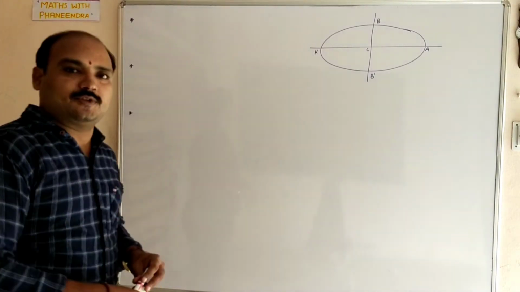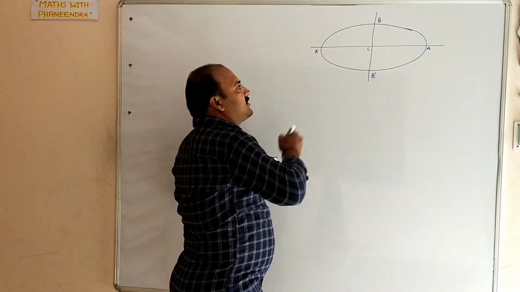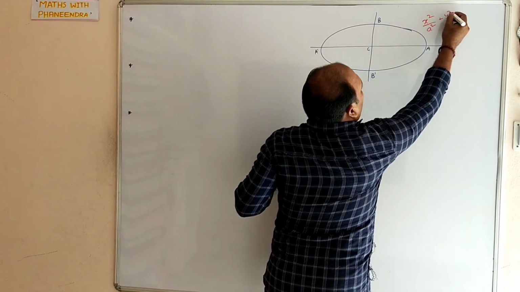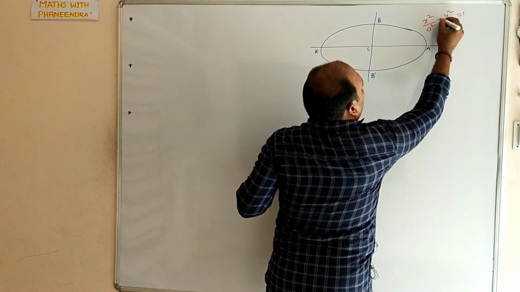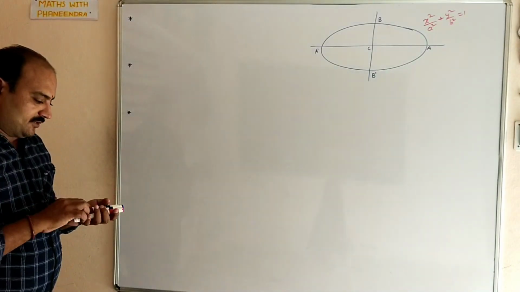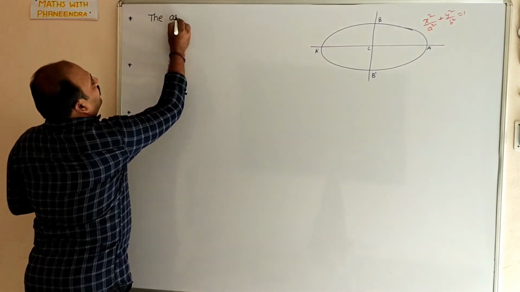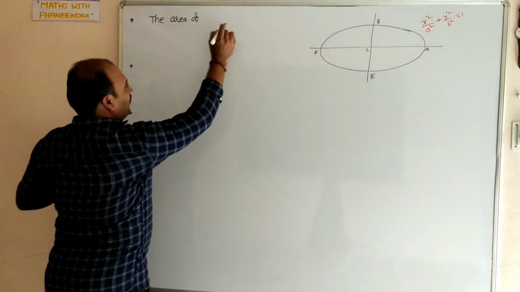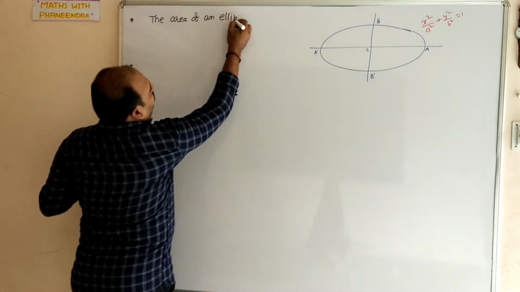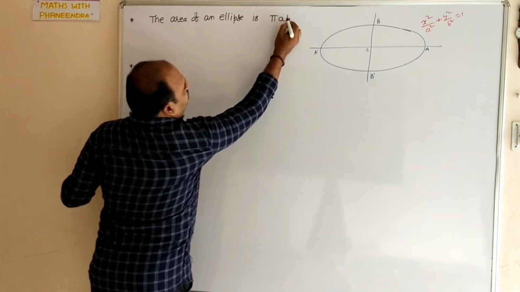The next concept, the area of the ellipse. The ellipse equation is x square by a square plus y square by b square equal to 1. The area of an ellipse is pi ab.